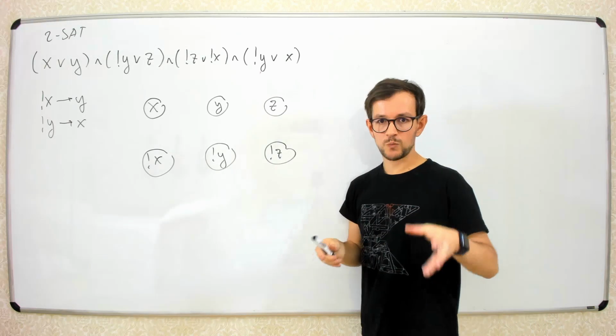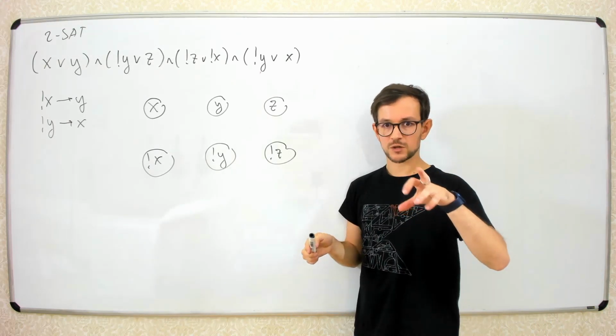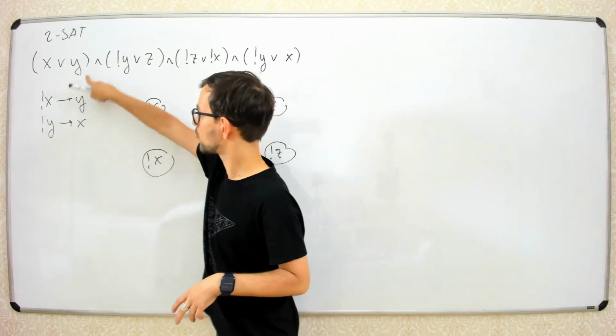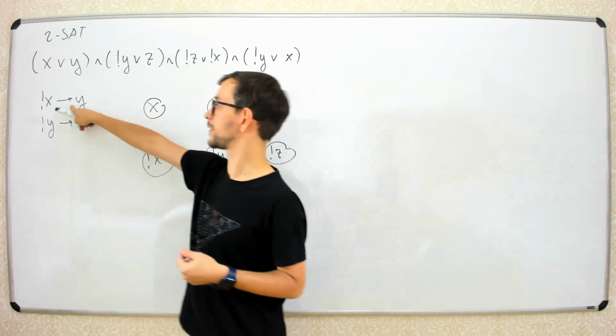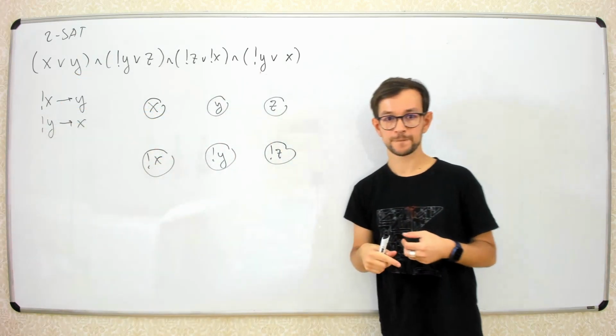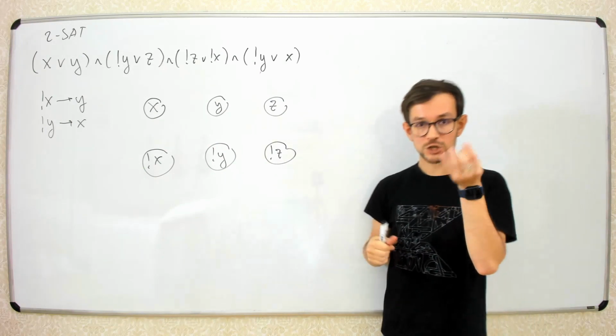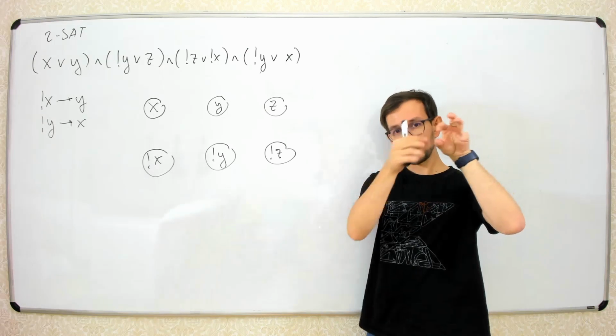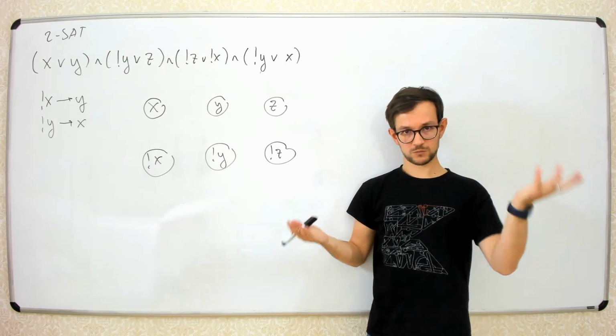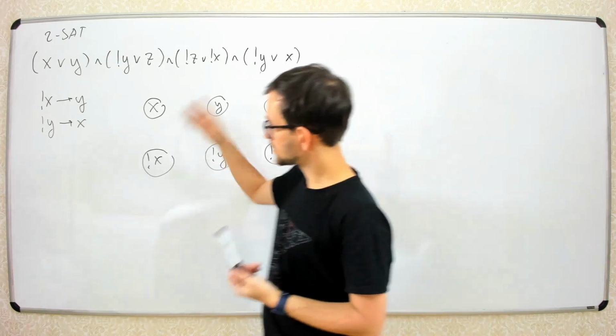And now we will just add edges corresponding to these implications. So for each clause, we will add two edges to our graph. Each edge corresponds to some implication. So if this statement is true, then this statement must be true. Well, let's add all edges.